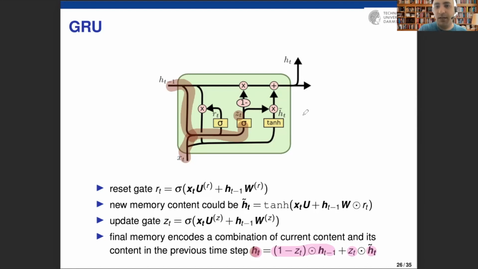And if you want to update the memory based on the current input, then the current input is a partial value of the previous hidden state. So you will not use the whole content of the memory, but you let the model use only part of that to update the value of the hidden state.